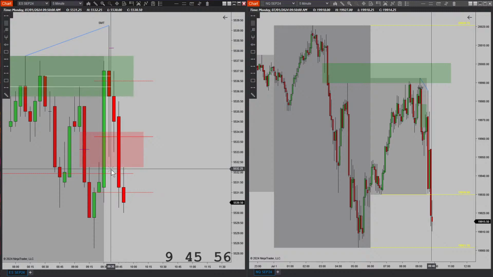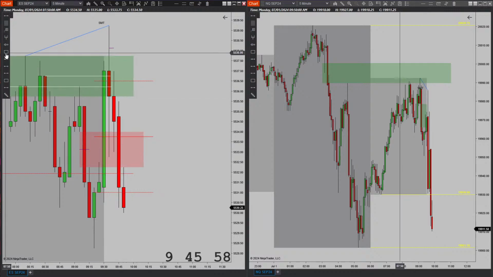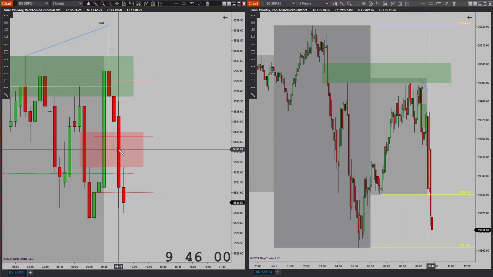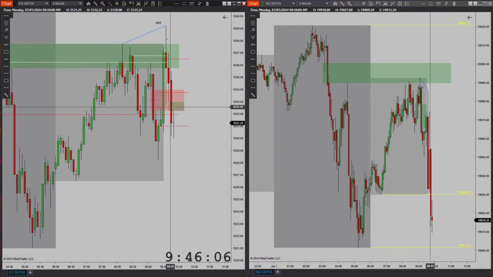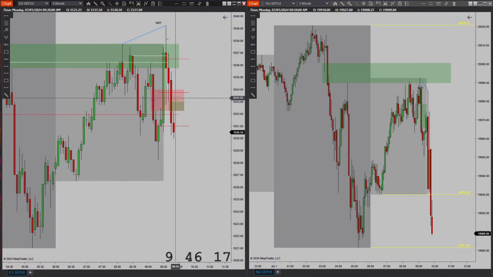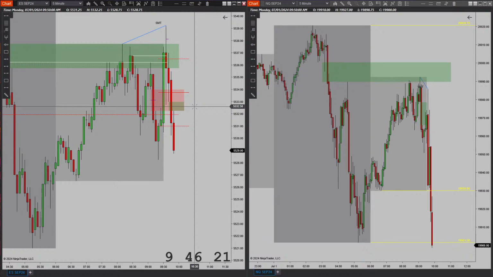And as you can see here, we do have a gap here that just drew itself. Well, that's not really a gap, not until this candle closes. What I don't want to see is price close above this gap over here. Perfect. There we go. Come on, baby.